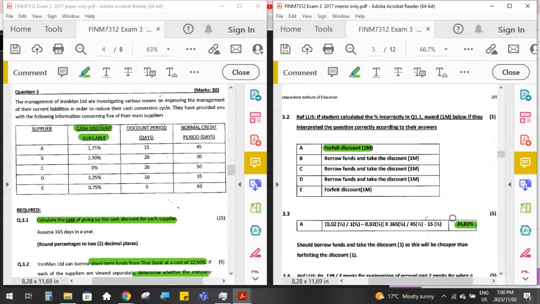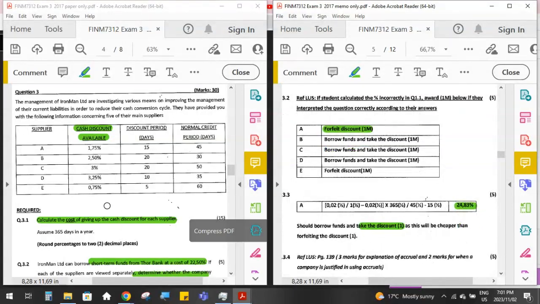So I should borrow the funds and take the discount, because if I don't take the discount, my cost is going to be 24.8%, as opposed to a cost of 22.5% if I do take the discount. So again, there's all the marks for the calculation, and there are 2 marks for saying you should borrow the funds and take the discount, and always give a reason, because this is going to be cheaper than forfeiting the discount, or whatever you describe in your own words.